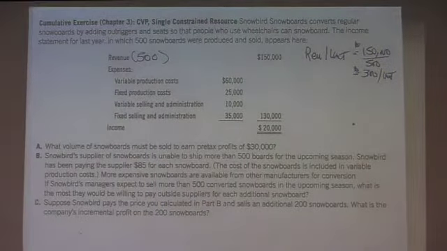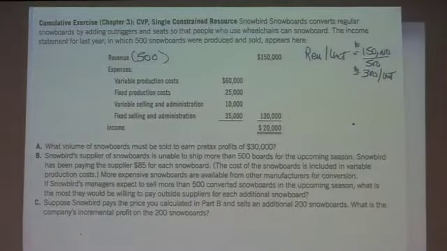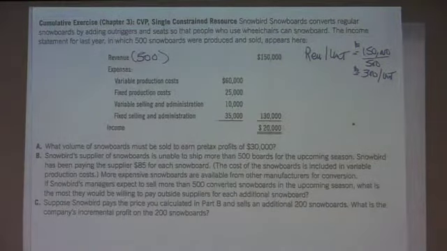So the first thing we need to do is determine our cost function, the cost function that we learned in the previous mock exercise. And for that cost function we need to figure out the variable and fixed components.